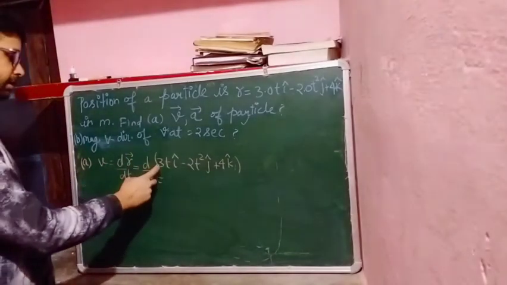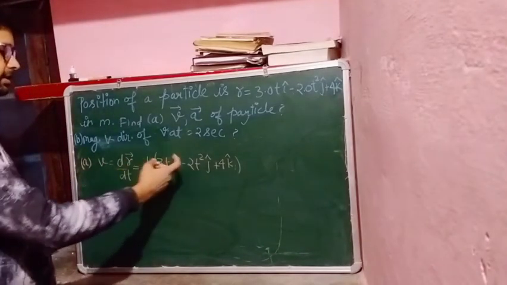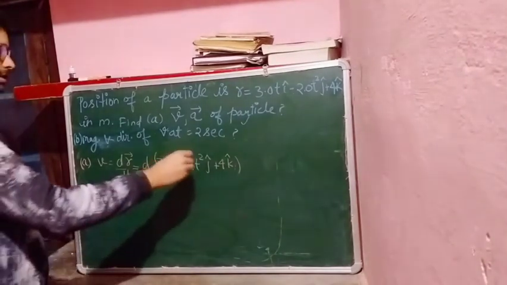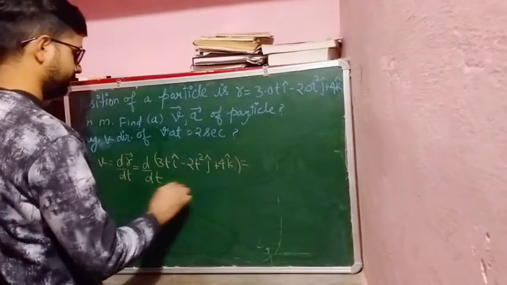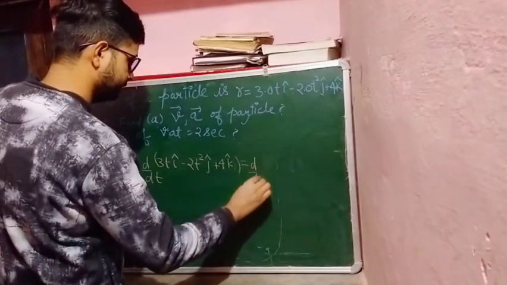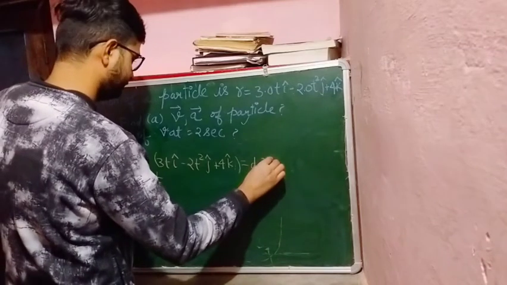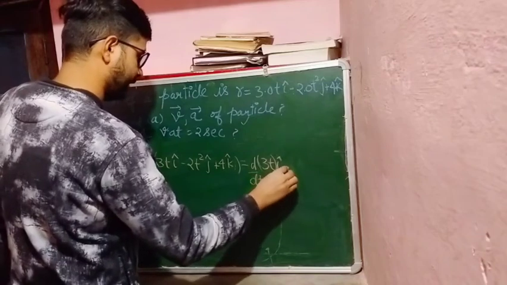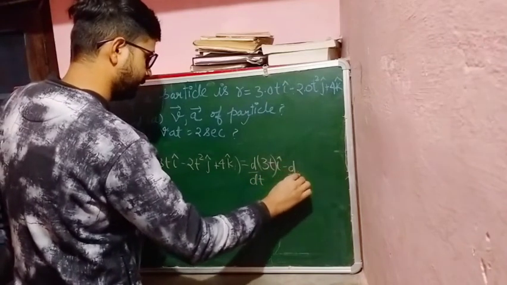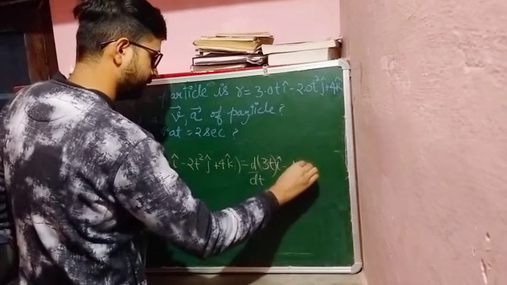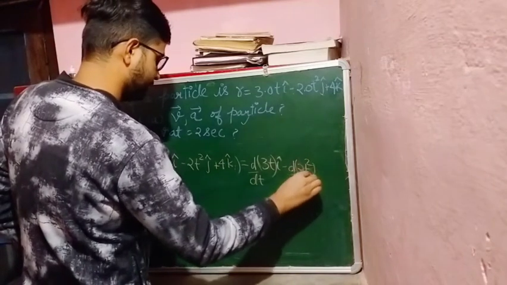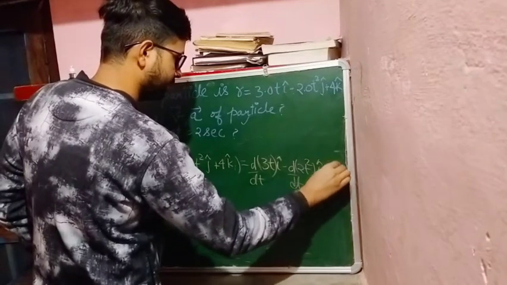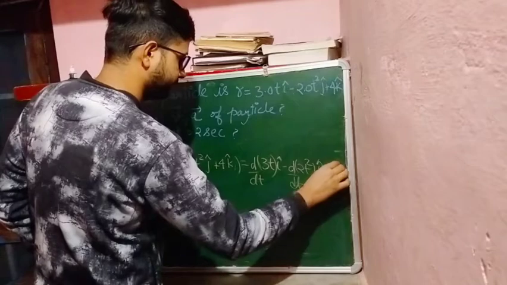Okay, first d over dt of 3t i cap, d over dt of 2t square j cap, and d over dt of 4k cap.